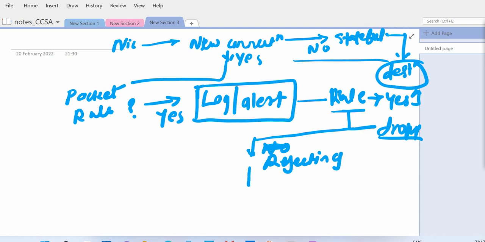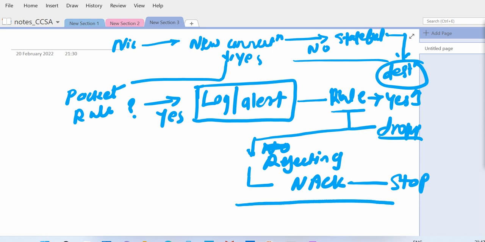The firewall which is rejecting that packet sends a negative acknowledgement, which we call NAC, to the sender, saying okay, this is something we don't allow. So NAC is sent and the processing for that packet is stopped, right? So this is a very important thing.